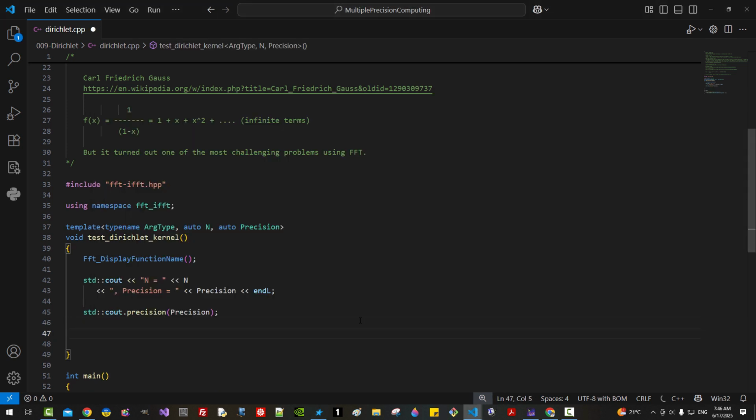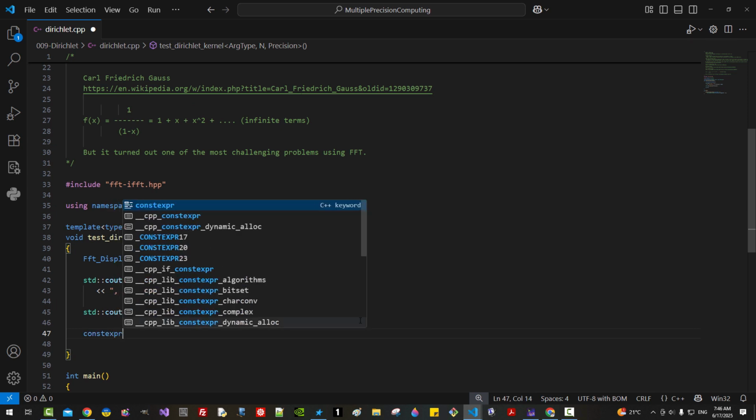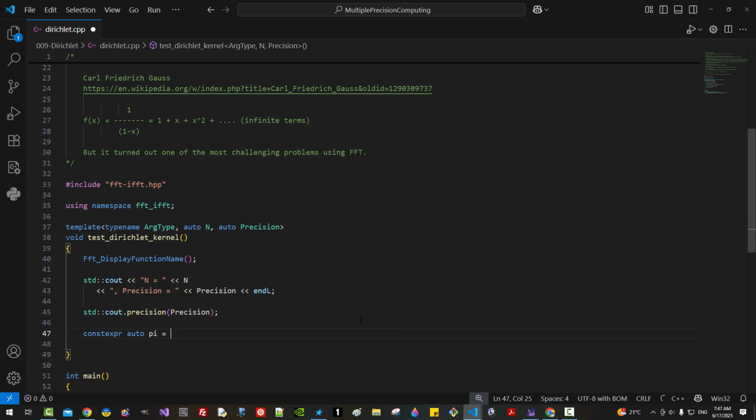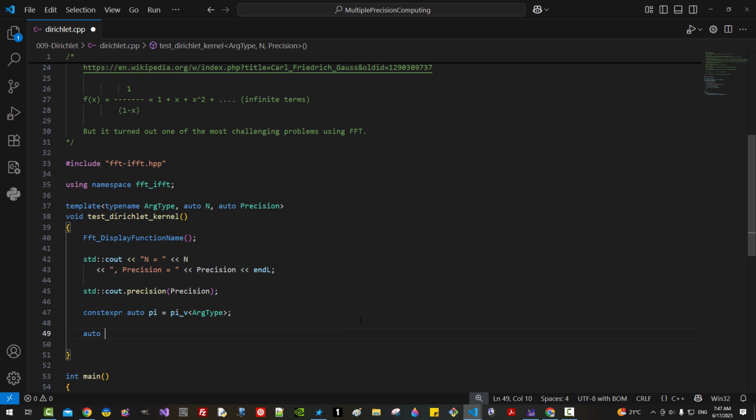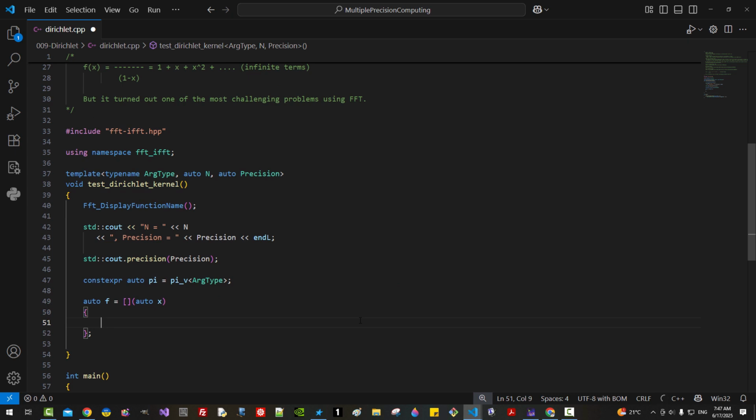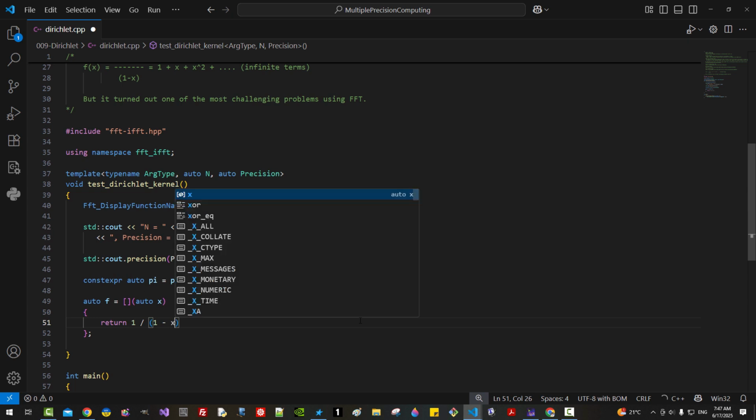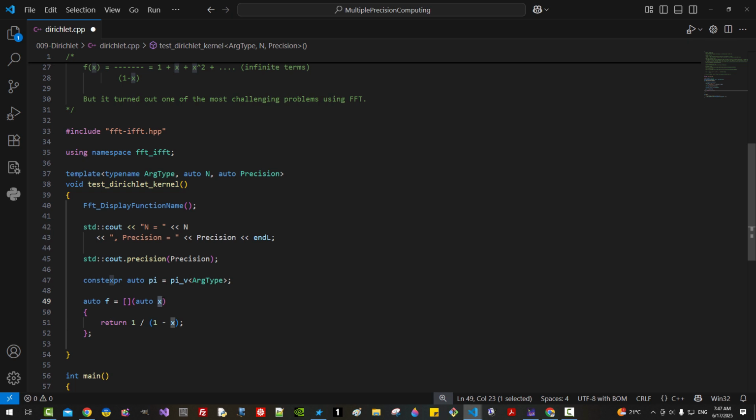Now here we define constexpr phi or b. We pass ARG types here. F, X, semicolon, return 1/1 minus x. Please understand, this x can be ARG type, but this x can be a complex number too.